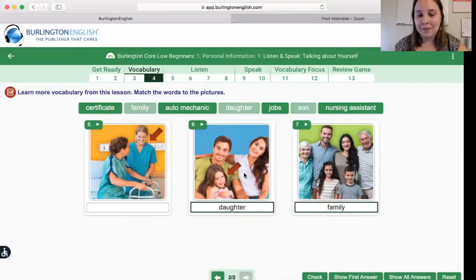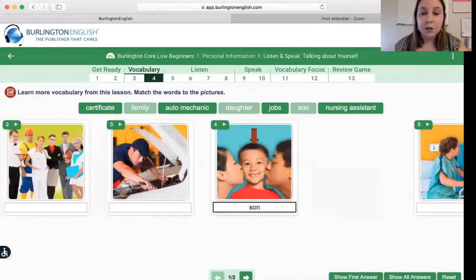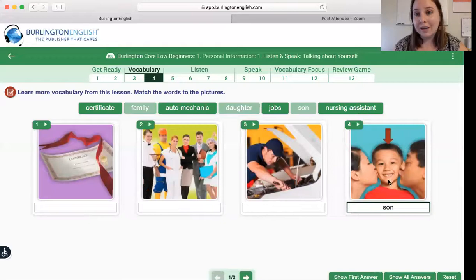So if you have a child who is a girl, it is a daughter. You have a child who is a boy, it is a son. Okay, good. So be thinking about how you describe your family. How do you describe your family?